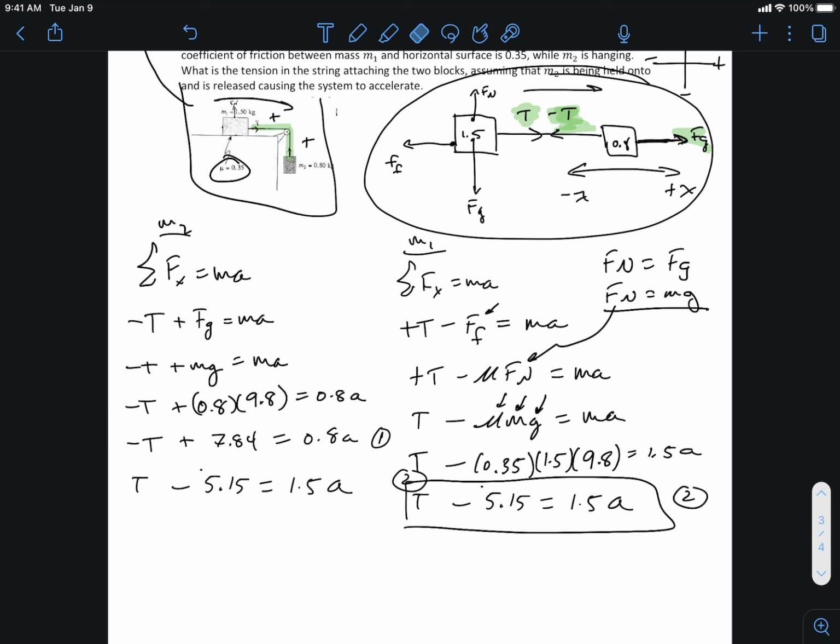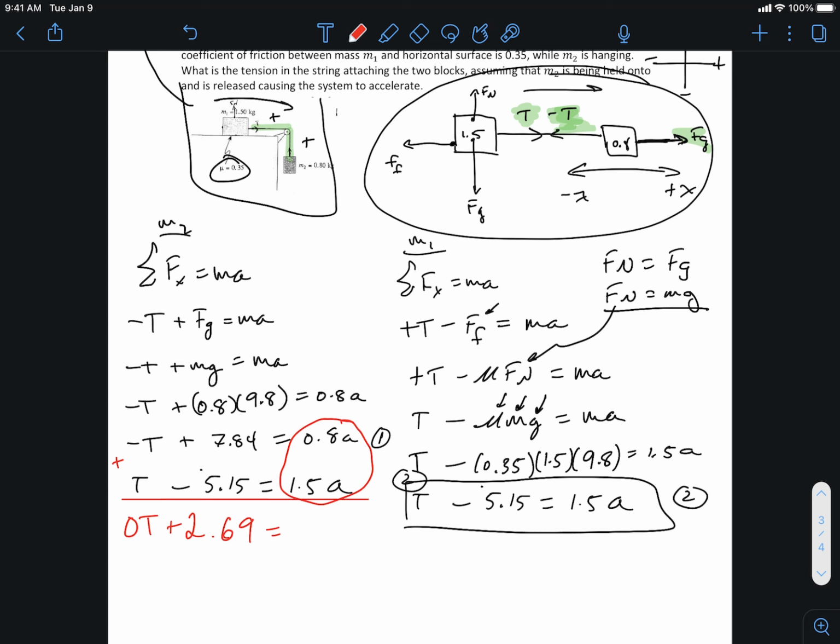If I were to add these two equations together, I'm going to get 0T, and then you do the math here, 7.84 minus 5.15. Well, that should be 2 point something, 2.69, is equal to, what are you doing here?